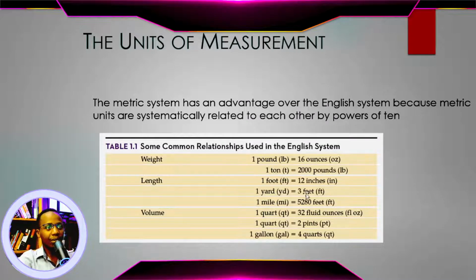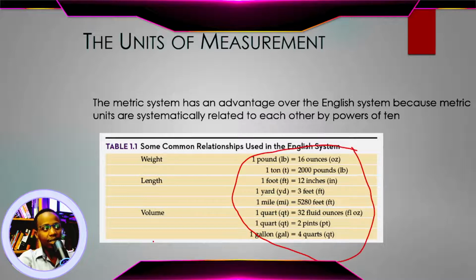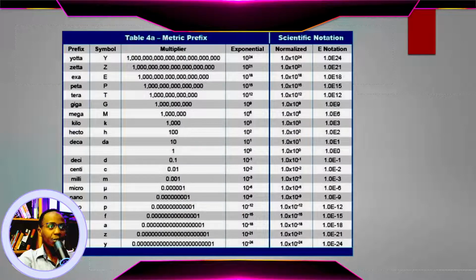So this is the imperial system. Let me show you an example. Look at how, when it comes to length, weight, and volume, none of it is related to the other. But when you look at the metric system, each one is 10 times bigger than the other.